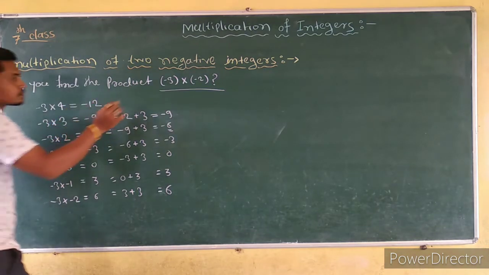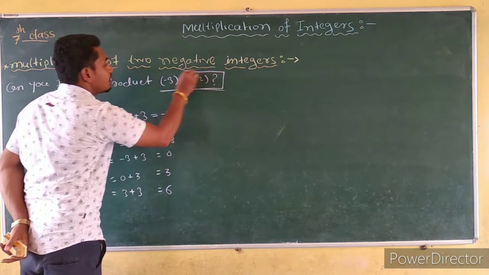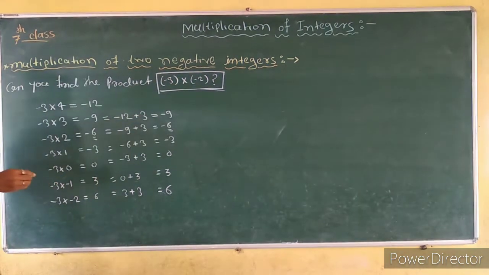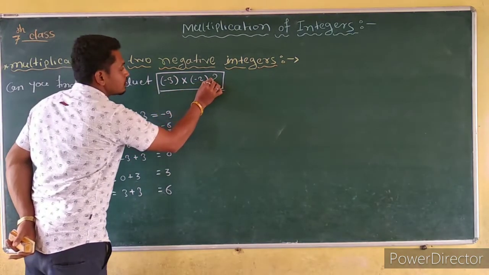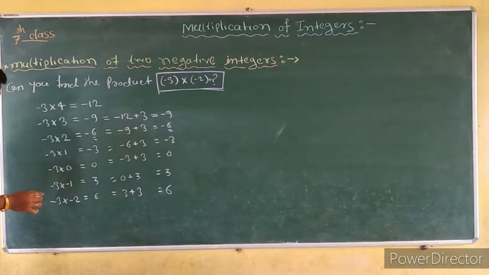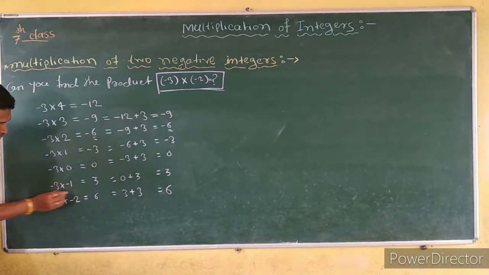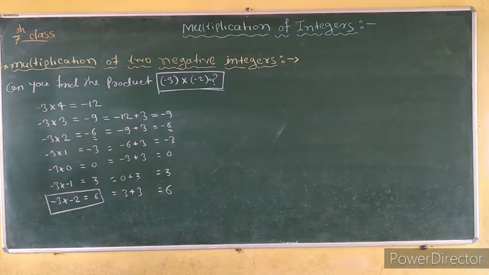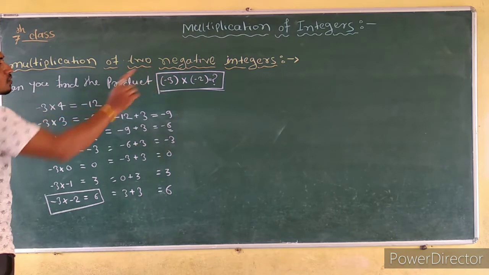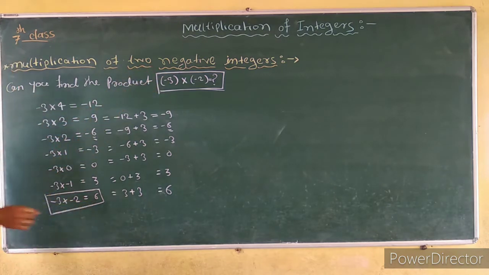So see here, the product of minus 3 into minus 2 is 6. Is it right?